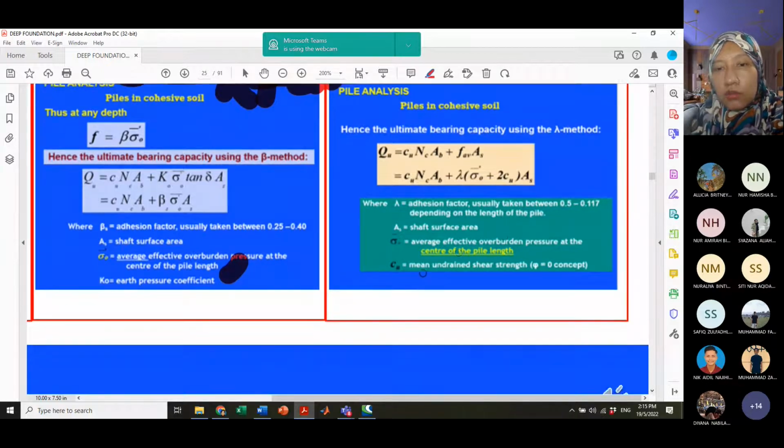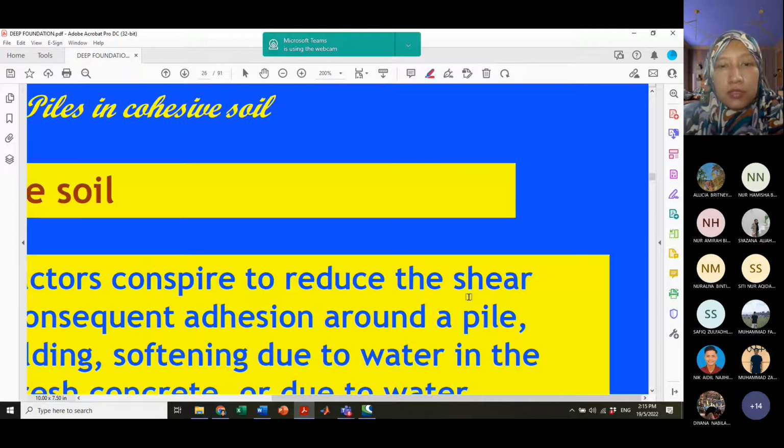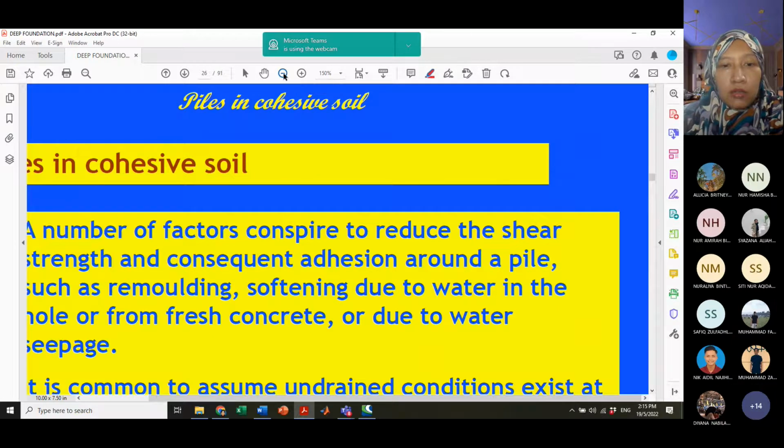So the CU is a mean undrained shear strength, and this is for phi equal to 0. So kalau phi equal to 0, dalam this time you akan nampak yang mana kita ada purely cohesive clay.